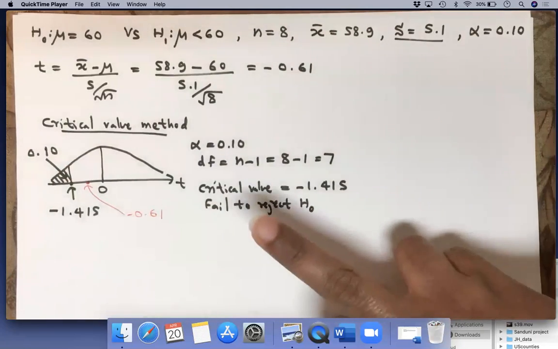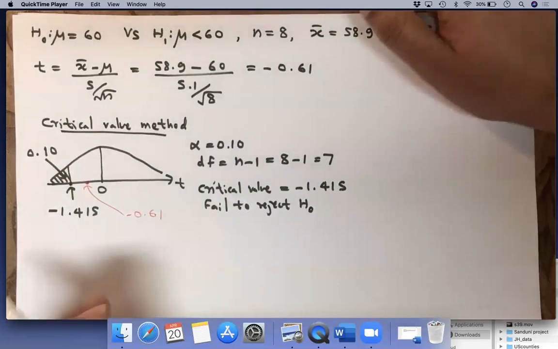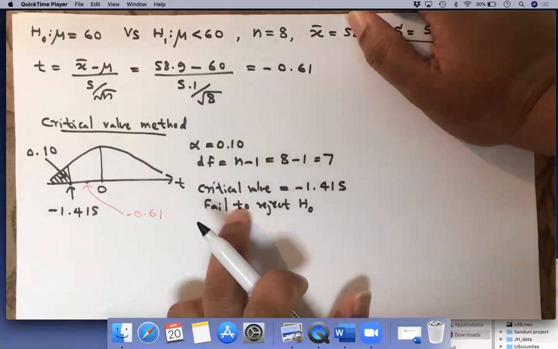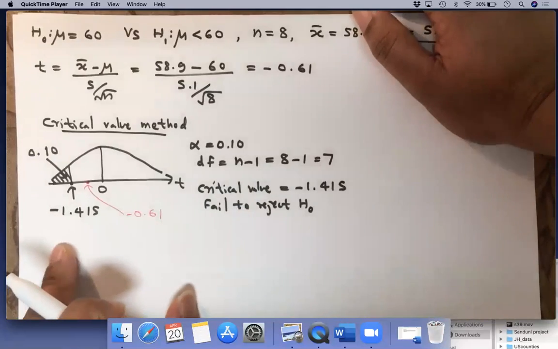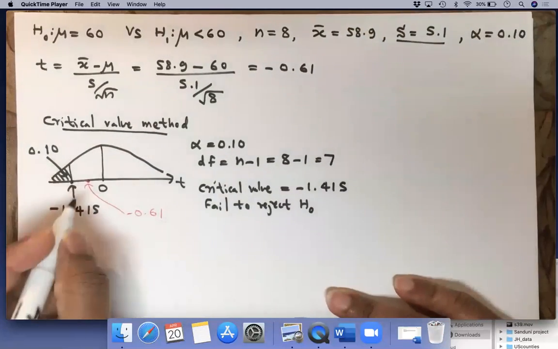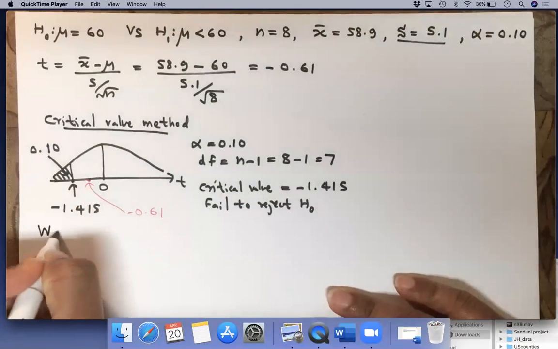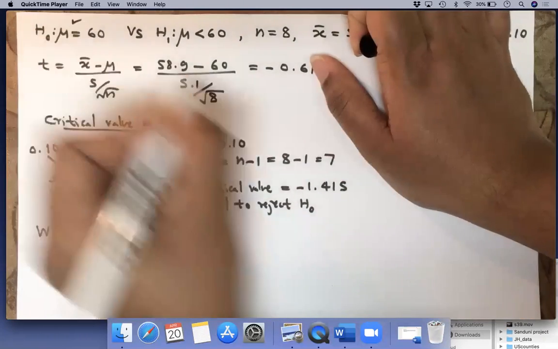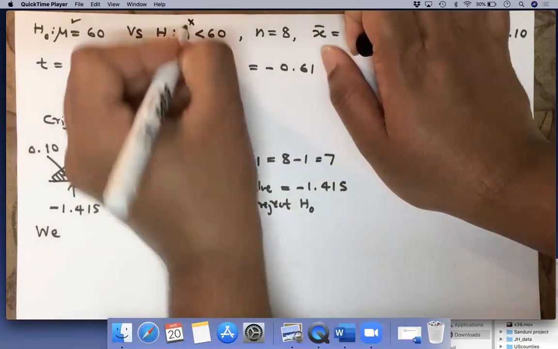This is our result. Now I will write this result as a meaningful sentence. Fail to reject means H0 is correct, and the alternative would be wrong.